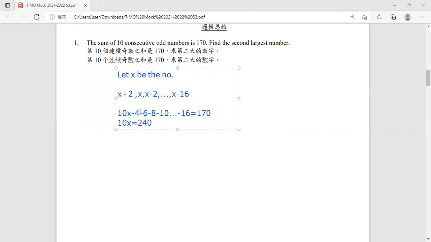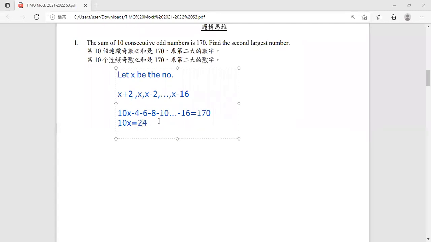Did I get it wrong? Is it 60? But it's x plus 2, x minus 2, and then, oh, I know what. After 170, x is 24.